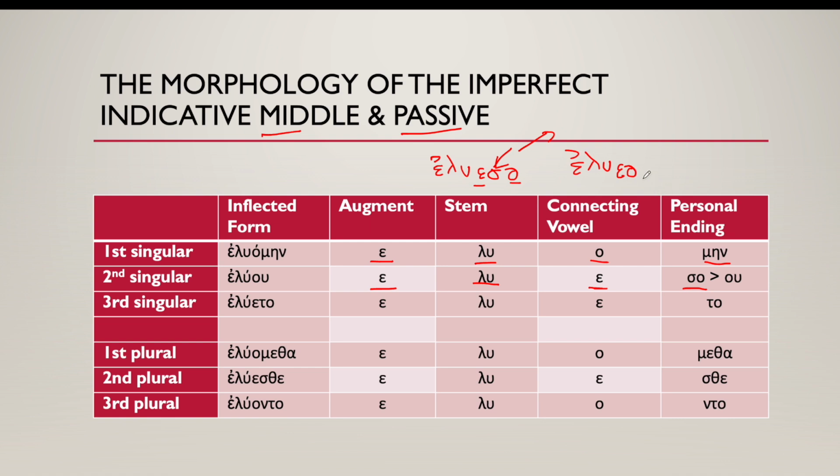And what we're going to find out later on is when two vowels come together, they often collide and form something new. So what happened here is you have the combination of an epsilon and an omicron, and it becomes elu-ou. That's how we get to here. Okay. All right. But everything else is pretty straightforward.